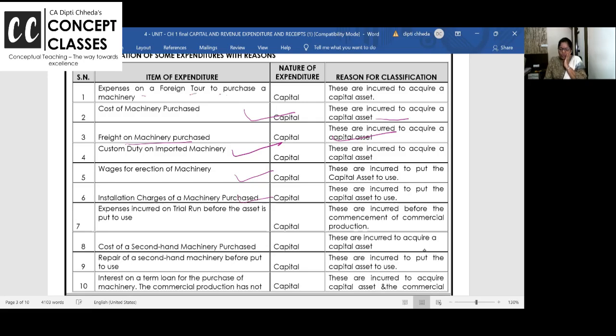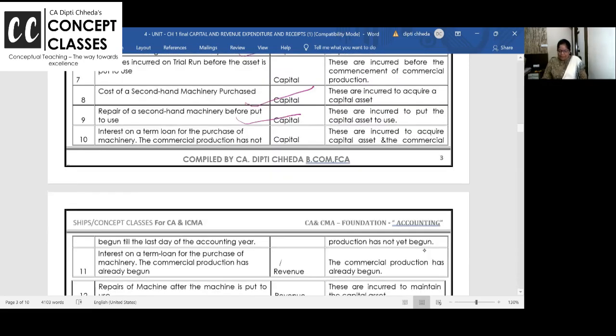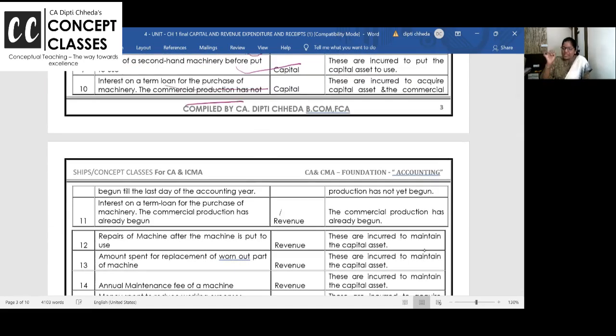Expenditure incurred to purchase: to buy the machine you have visited 2-3 cities and done touring, it's a capital expenditure. Purchase of second-hand machinery, capital. Repairs for the second-hand machinery, capital. Interest incurred till the machinery started operating, capital.